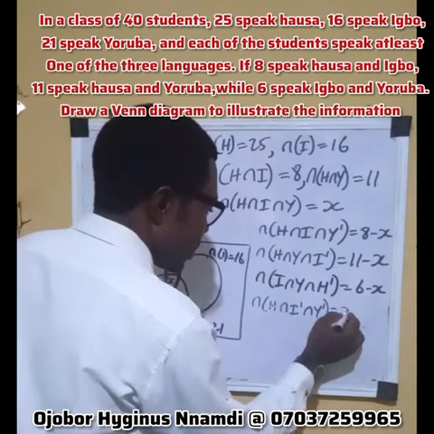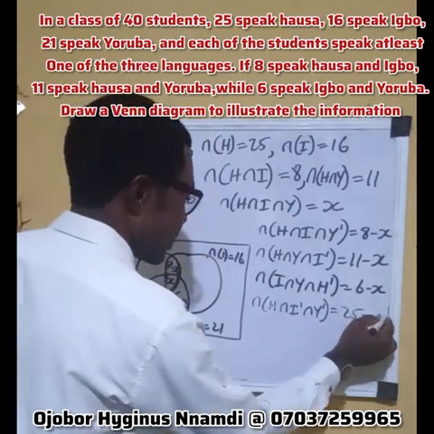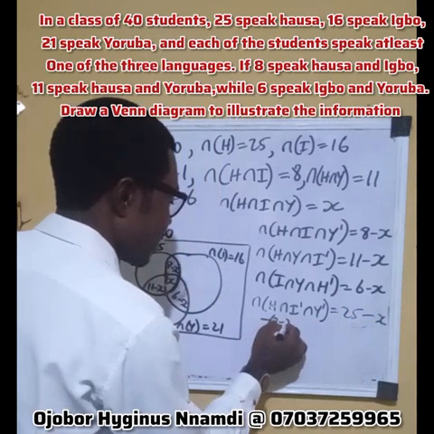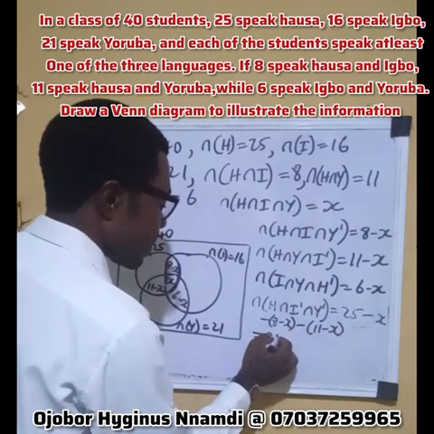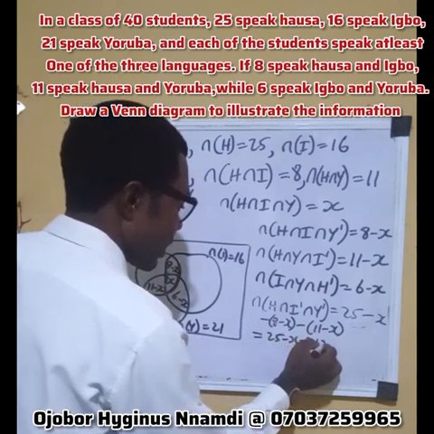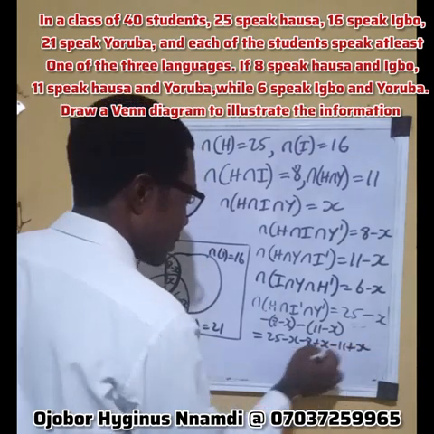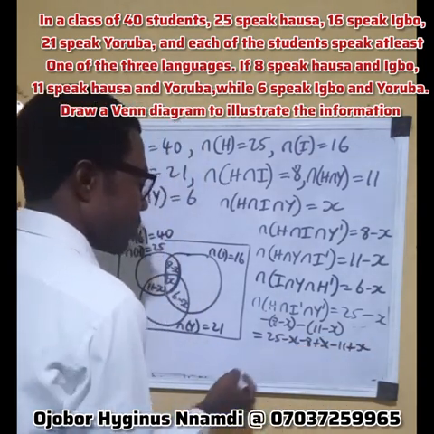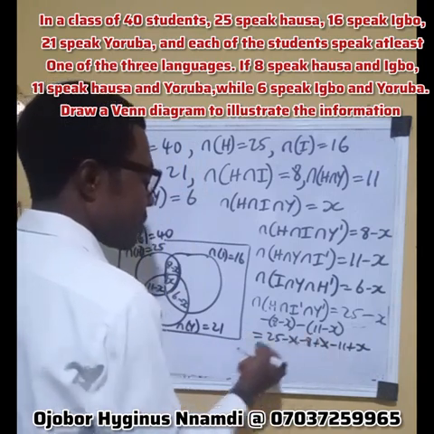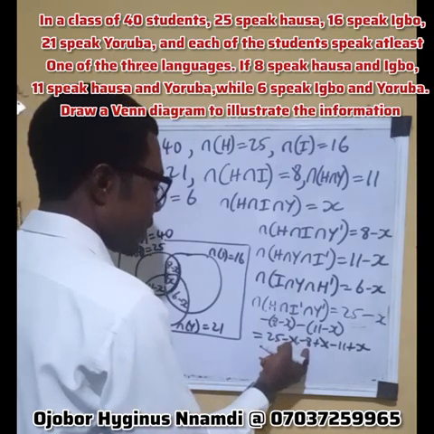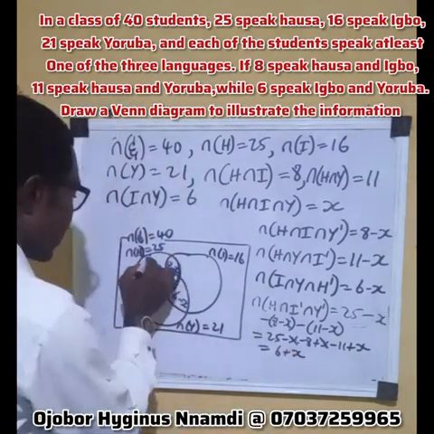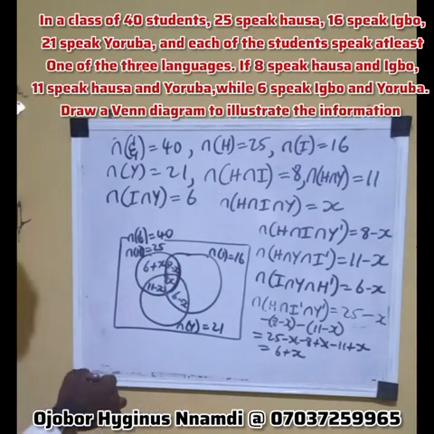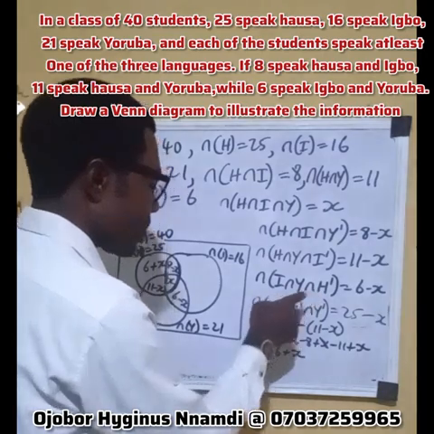So we have 25 minus x minus 8 minus x minus 11 minus x, and that's going to give us 25 minus x minus 8 plus x minus 11 plus x. The x and minus x will go. 25 minus 11 will give us 14, minus 8 will give us 6, and there is x here, so this is 6 plus x. So we have here 6 plus x. That is the number of those that speak Hausa but not Igbo and not Yoruba.